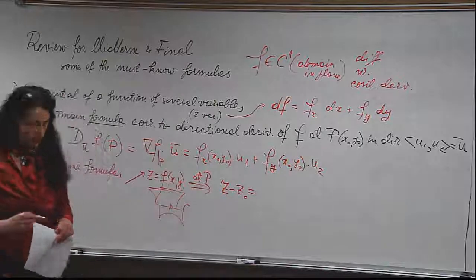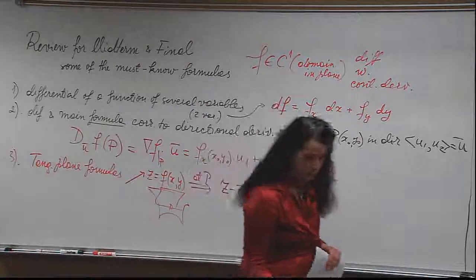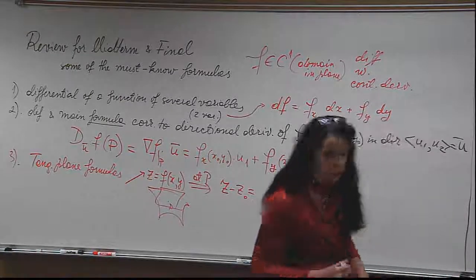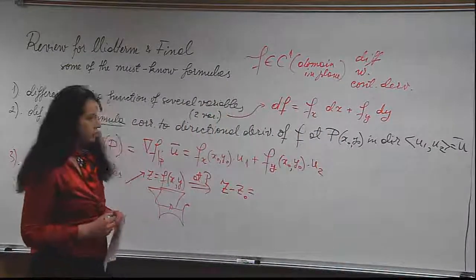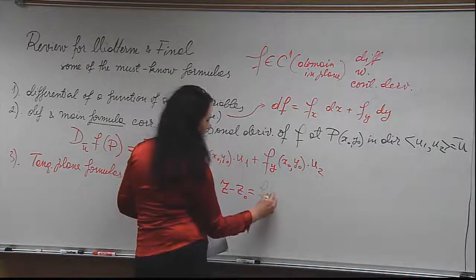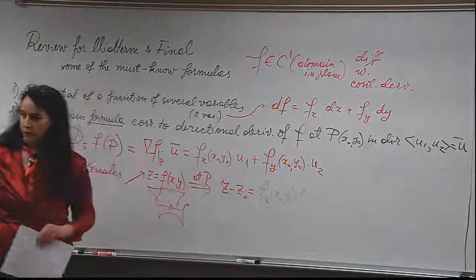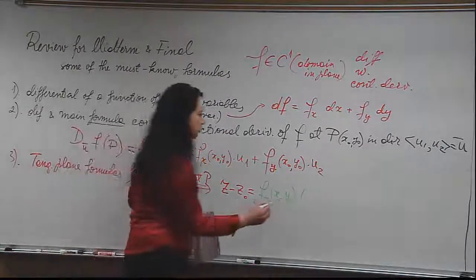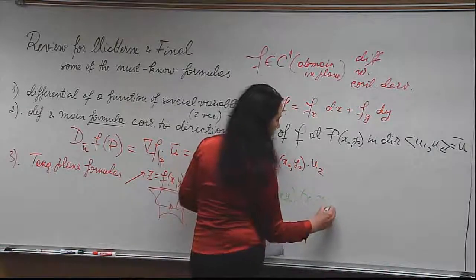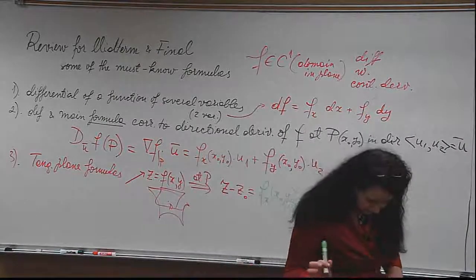Who tells me? Okay, now you have to remember this. Of course, it's your midterm. Review all these things by Thursday. Very good. F sub x at x0, y0 times x minus x0, thank you Roberto, plus the same kind of thing in a different color because I like to play.